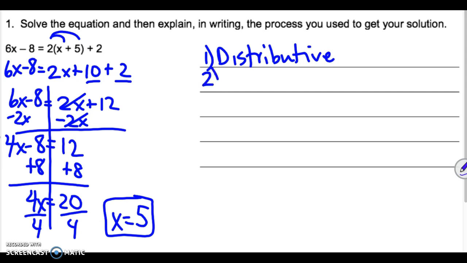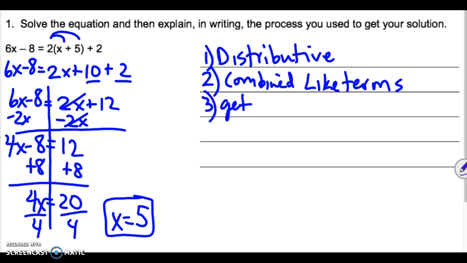Number 2, we combined like terms. That was the 2 plus 10 that we did there to make this 12 right here. Third thing we did was to get all the variables to one side.